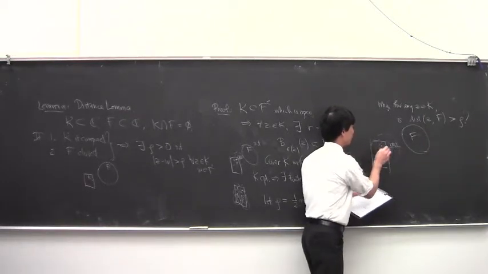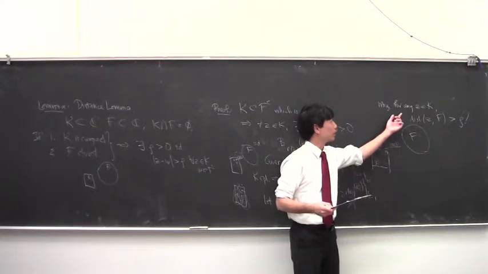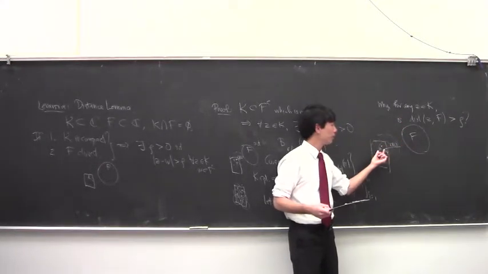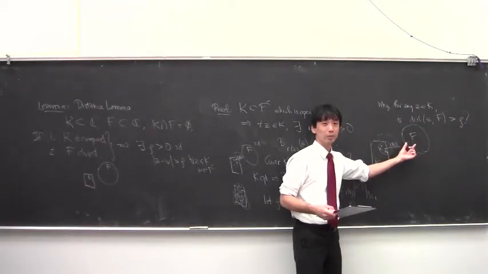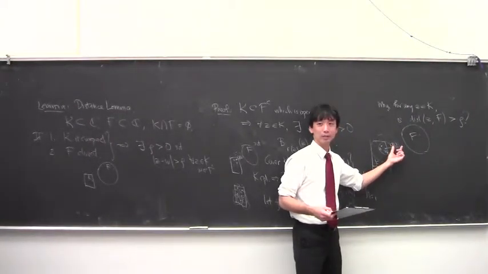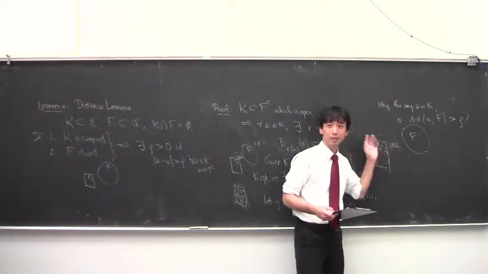If we pick some point Z in here, how close could it be to F? At the worst, it's going to be half the radius to F. But rho is half the radius, and so we're farther than rho away.